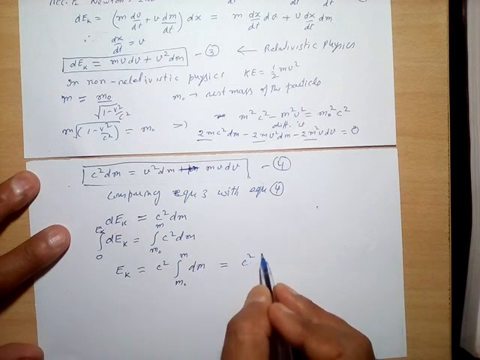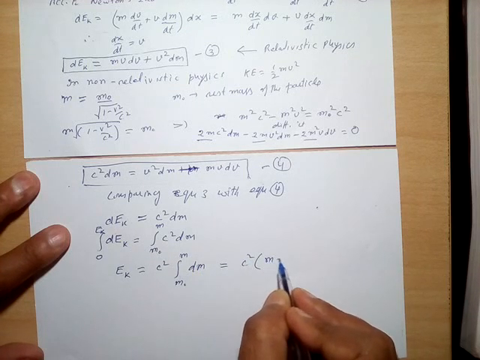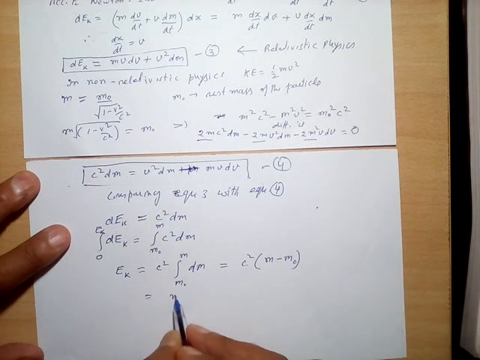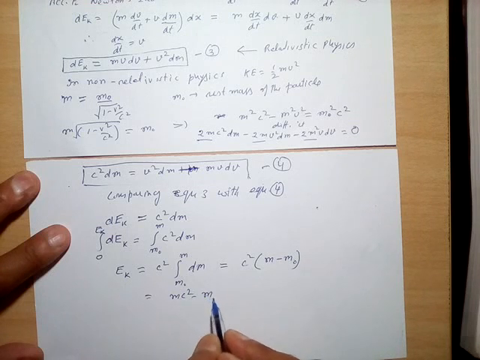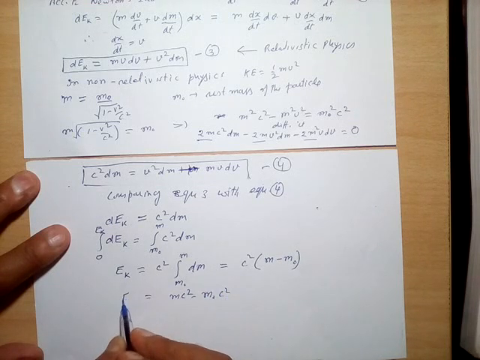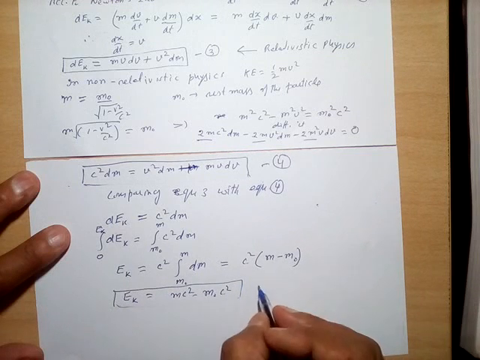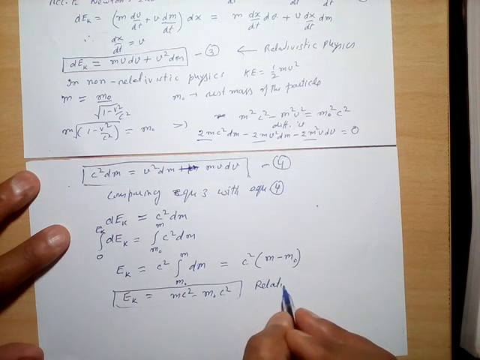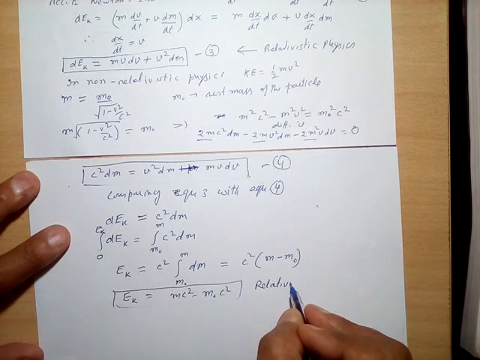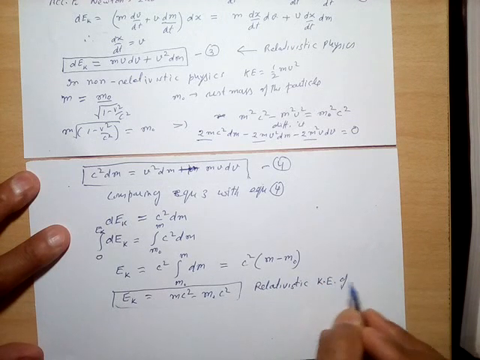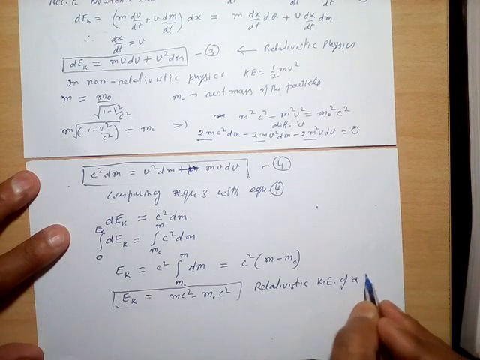It comes out to be c square into m minus m naught. So this is the expression for kinetic energy, or you can say the relativistic kinetic energy of a particle.